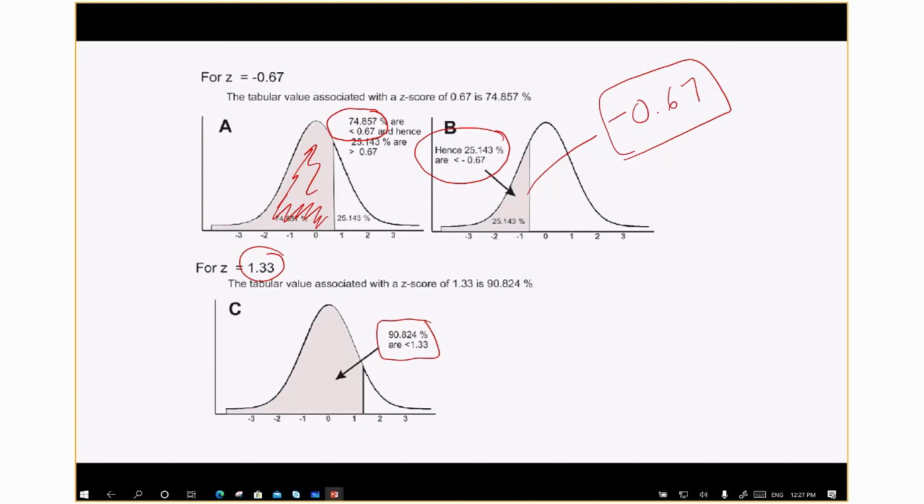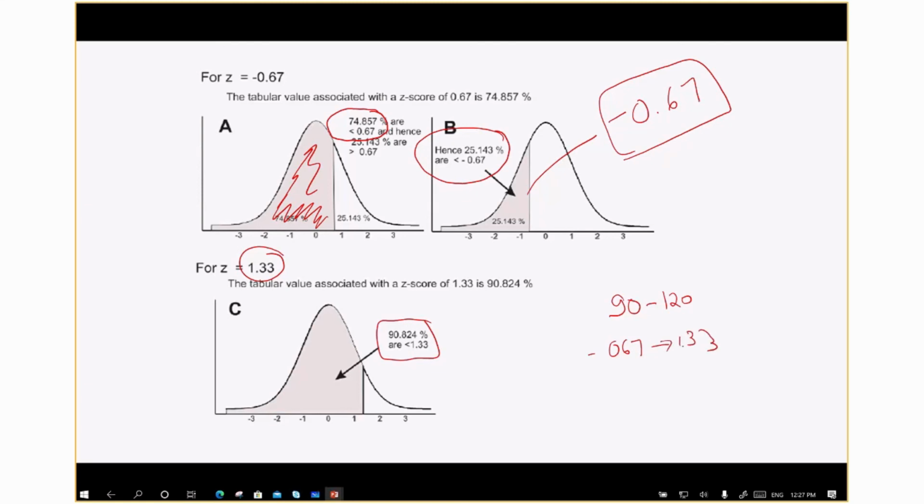But what are we really interested in? We're interested in knowing the proportion of individuals that have a value between 90 and 120. In other words, the proportions that have a value of between minus 0.67 and 1.33.